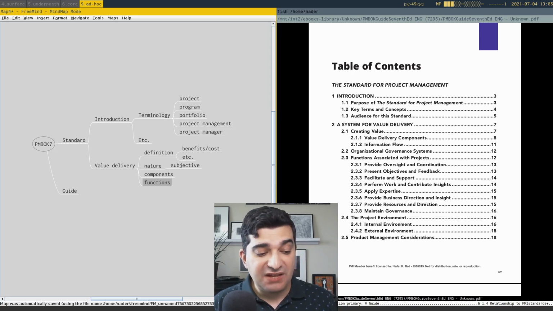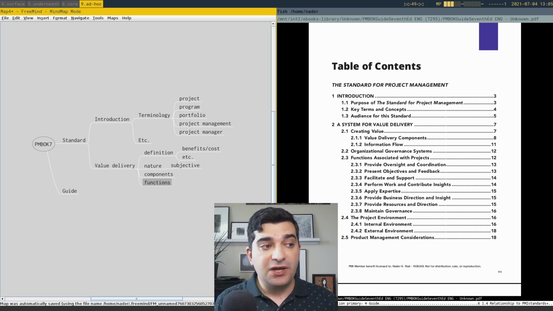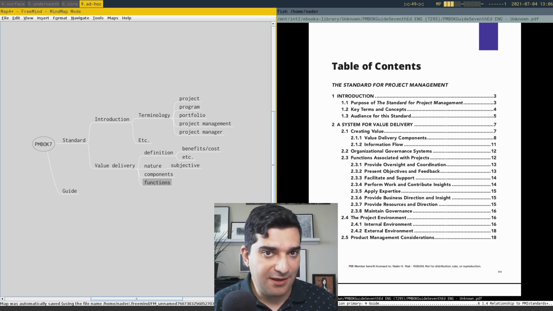Actually, first we wanted to describe the roles, but then we couldn't find a good way of doing that because the PMBOK guide is not a methodology, but it tries to give you a guide that you can use with any type of methodology. And the roles that you have depend on your methodology, and they are not always the same.